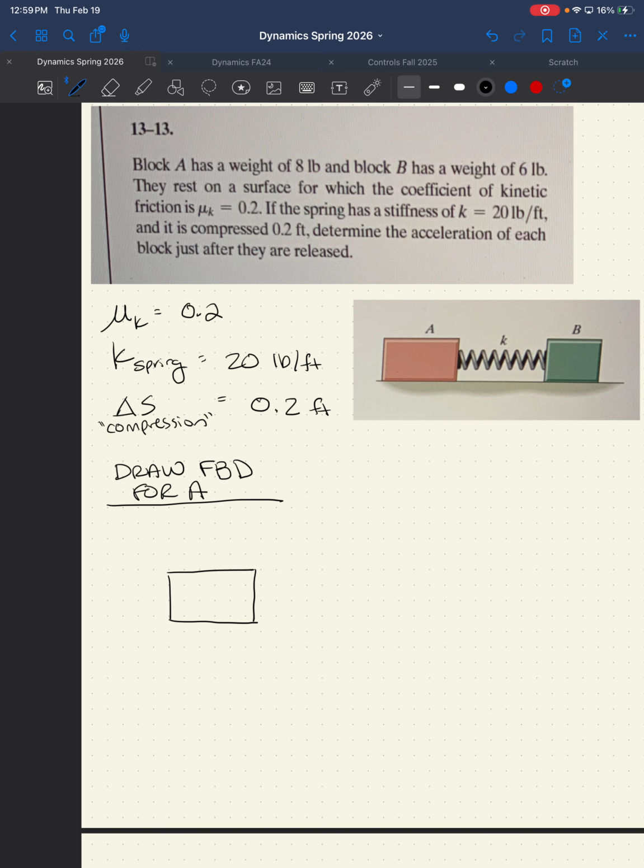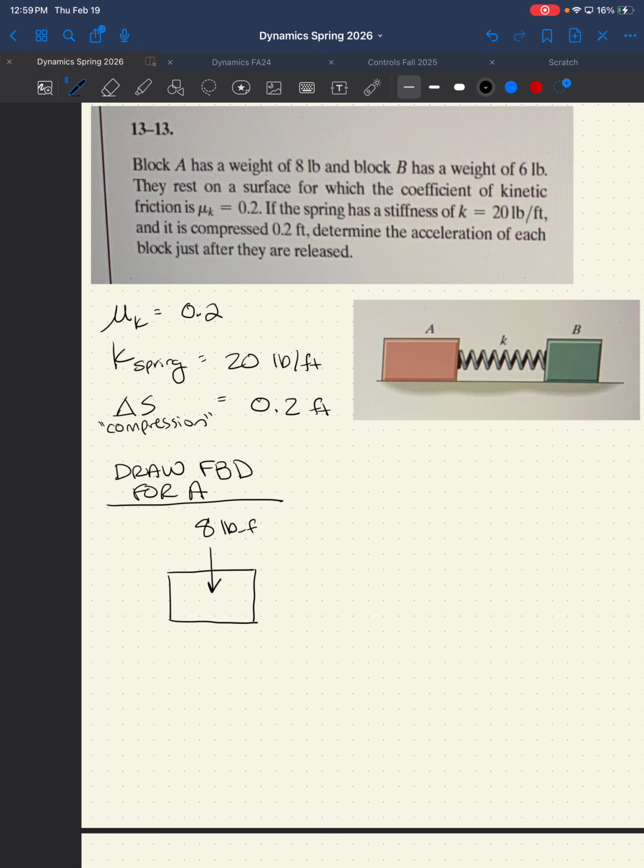When you have a spring that's in compression, does it push on or pull on everything it's connected to? It pushes. I have a spring and I compress it like this. If I let go, do my hands go out that way? Yeah, so when a spring is compressed, the spring is pushing that way on everything that it's connected to.